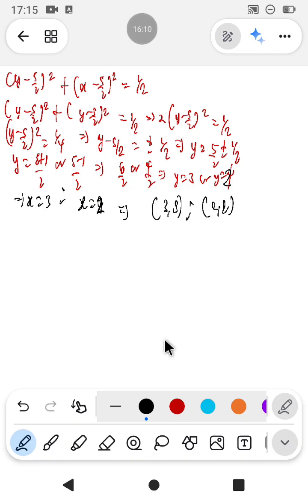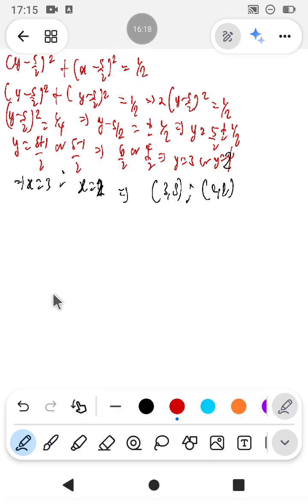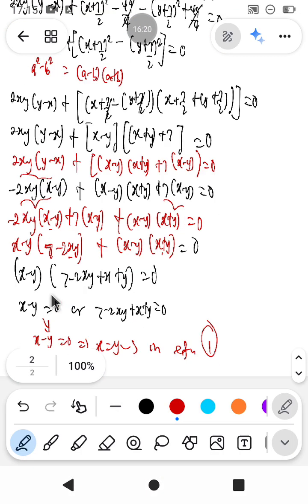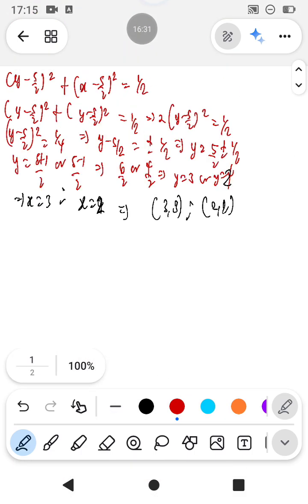Okay, guys, so now the next thing you must do, we have two parts. From these parts, we have x minus y equals 0 or 7 minus 2xy plus x plus y equals 0. So we must deal with this one also. Okay, now let's do that.